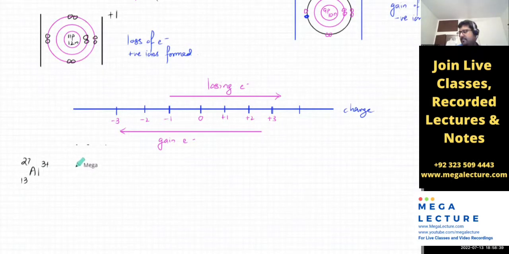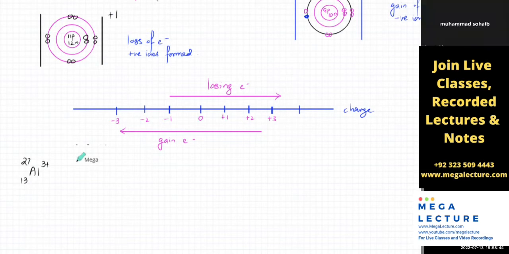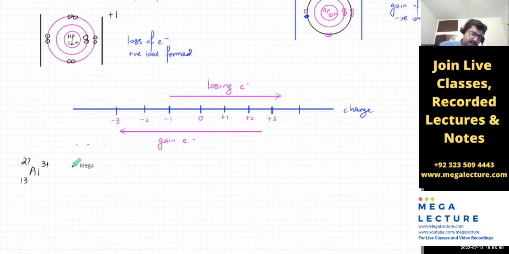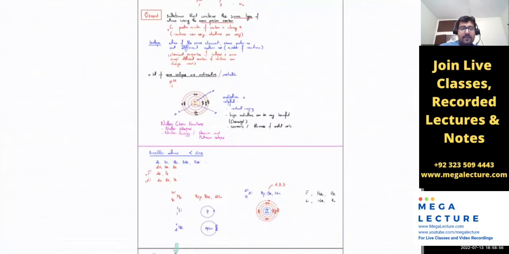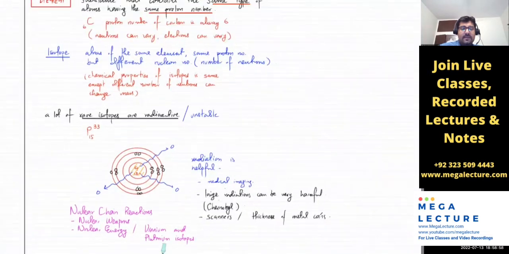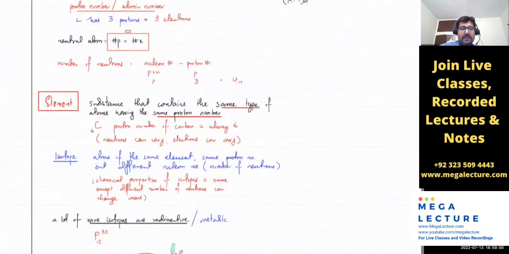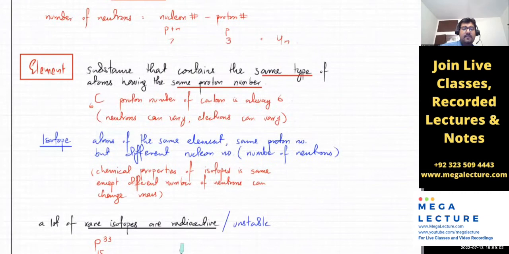Aluminium has 13 protons. Remember, the number of protons never changes. I told you in the last class, when we were doing isotopes and specifically elements, that every element, just hold on a second.